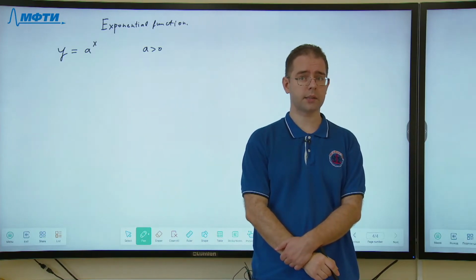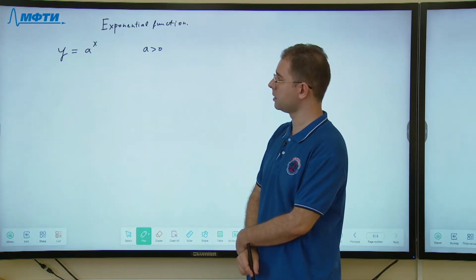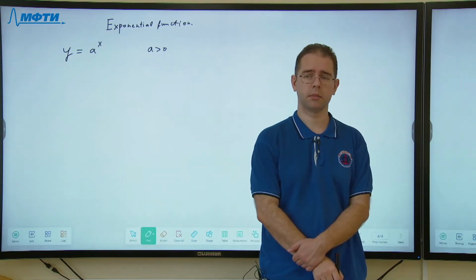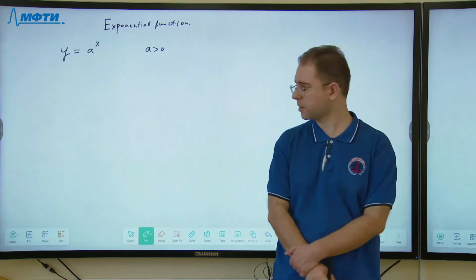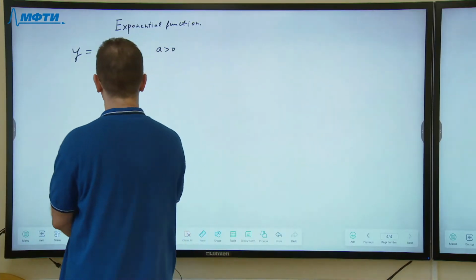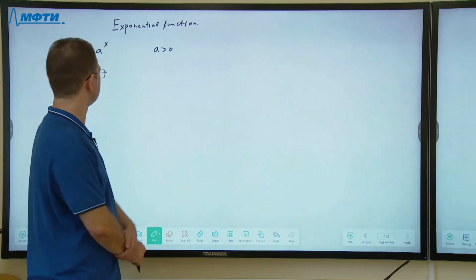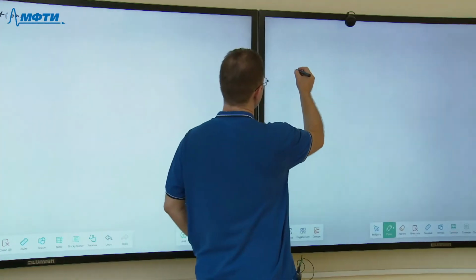Guys, raise your hands, those of you who understand what it means to raise a positive number into power pi or something. Okay, I see I should explain it a bit. Before we discuss this function, let's discuss raising to powers.